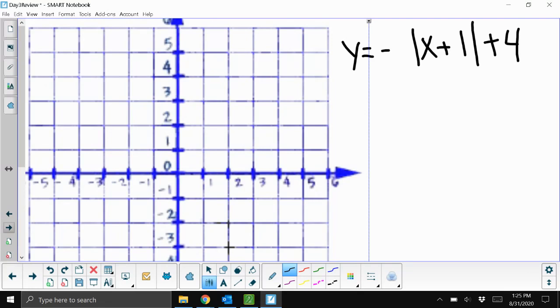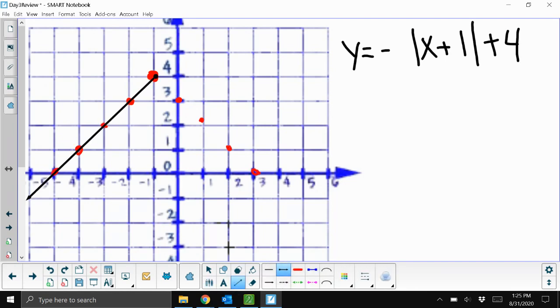All right, so the next example, we've got negative the absolute value of x plus 1, plus 4. So that means we need to go back 1 because the inside lies, and up 4. Oh, we got a negative sign on there too. So that means we need to go down 1 over 1. And we just keep doing that pattern since it's negative. And again, let's try to make this look a little neater than the previous videos.